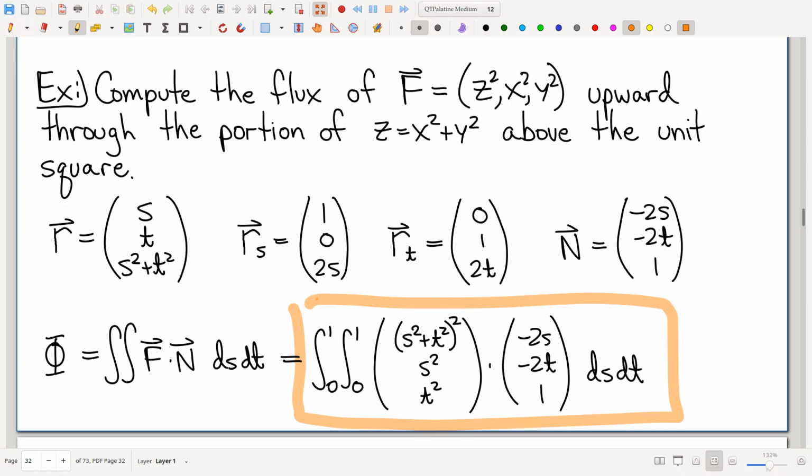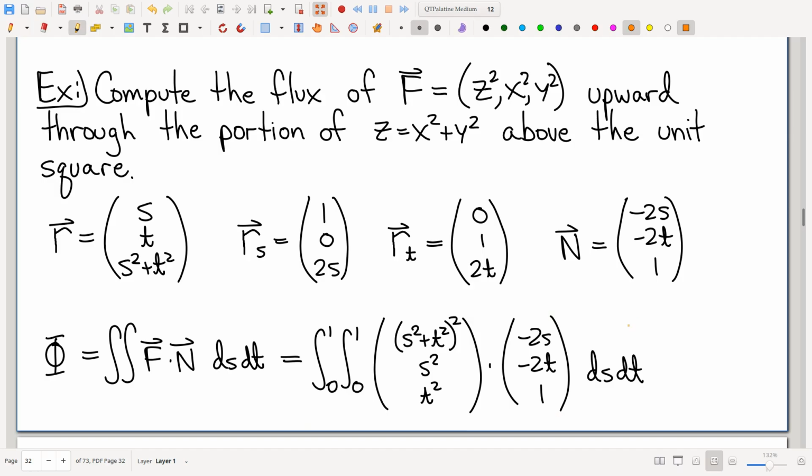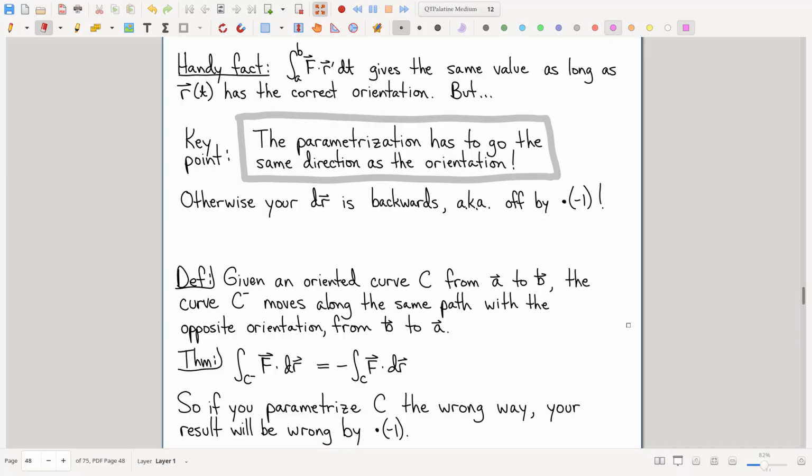All right. Okay. One thing we've done in the past is we've worried about orientations. When you parameterize, you do have to worry about whether you parameterize with the correct orientation. Let me remind you, going way back, I think it's 6.1. This is the section where we talk about vector line integrals for the first time.